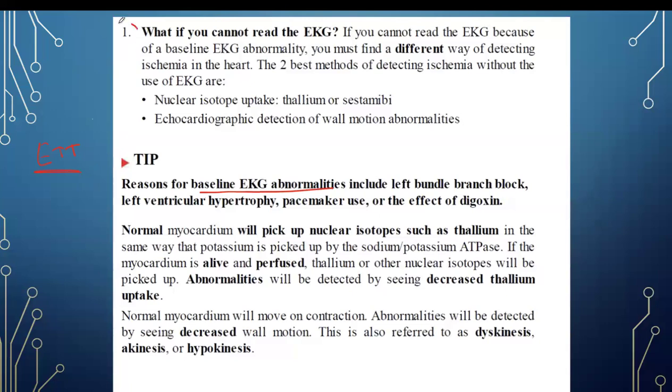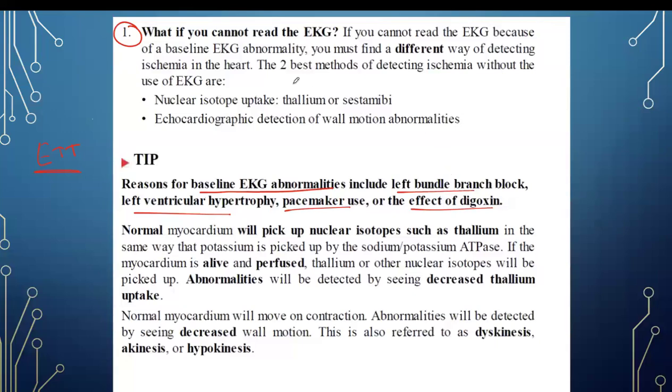What if your patient is unable to exercise, or there is already some baseline ECG abnormality, like left bundle branch block, left ventricular hypertrophy, the patient is already on a pacemaker, or the patient is on digoxin. If there is a baseline ECG abnormality, then you can't just do an exercise tolerance test.